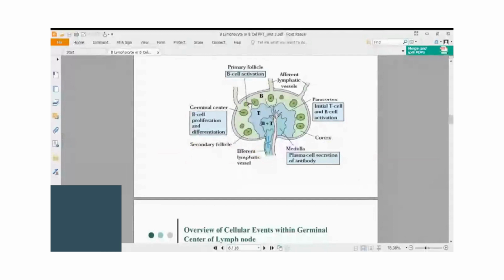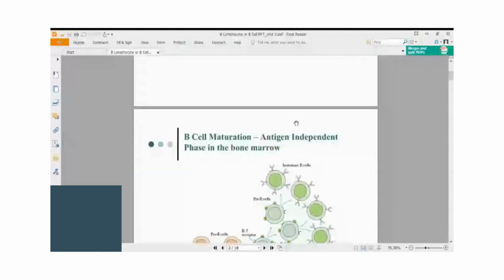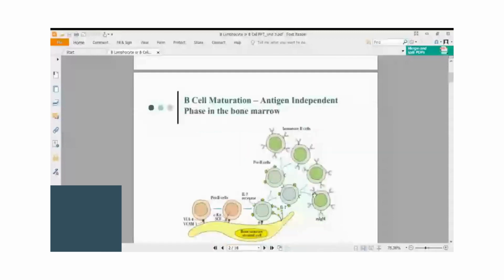And in the process of deletion, the clones of B lymphocytes that originated from the pre-B cells, if they establish the contact with the self antigen, all those clones will be eliminated.